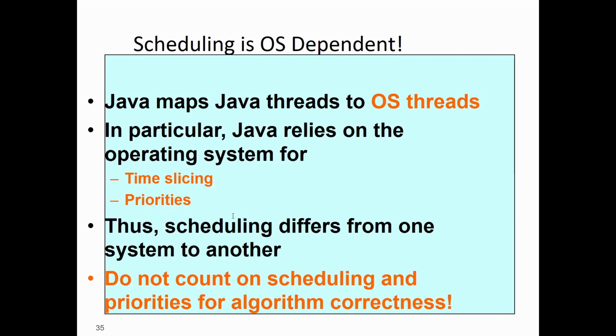Java maps threads on the operating system threads. Okay, so the same code written in Java runs slightly differently depending on the operating system you have. So never ever depend on ideas such as time slicing and priorities.